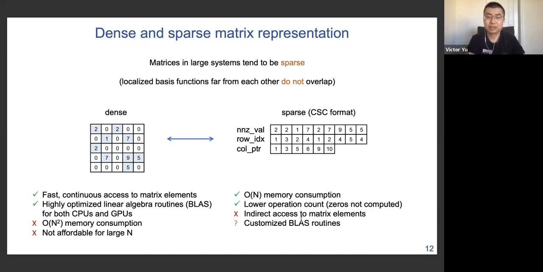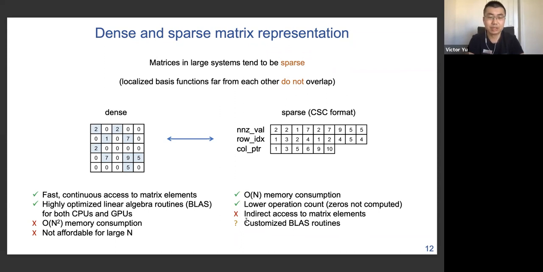But what's tricky about this format is that the memory access becomes difficult because you need to rely on the row and column indices to know where each element is.